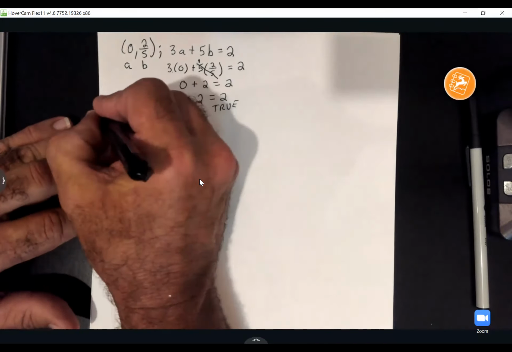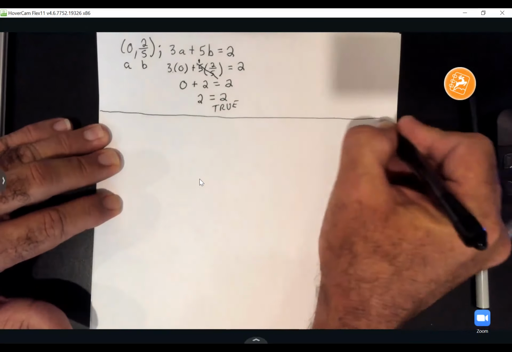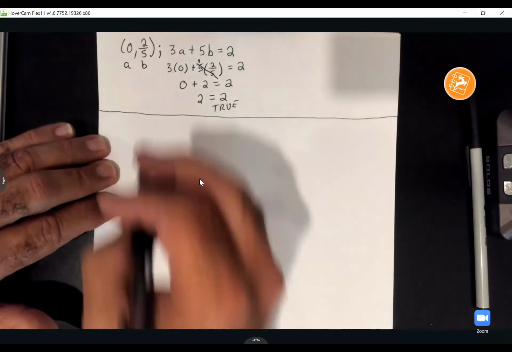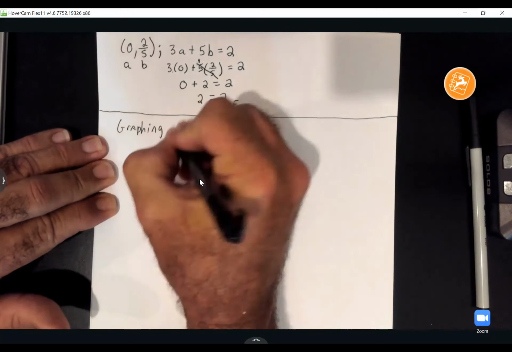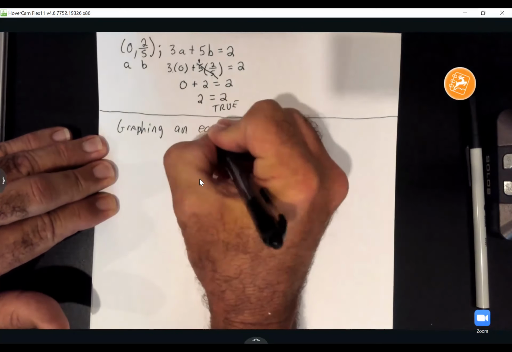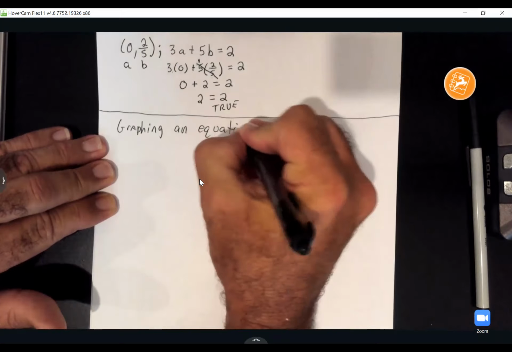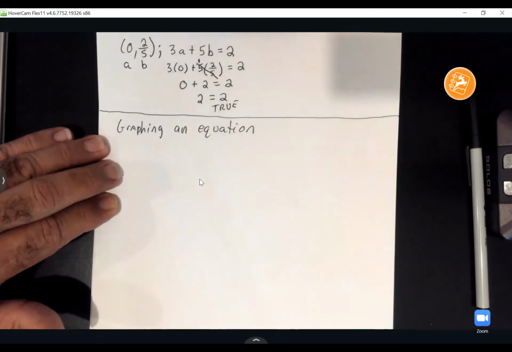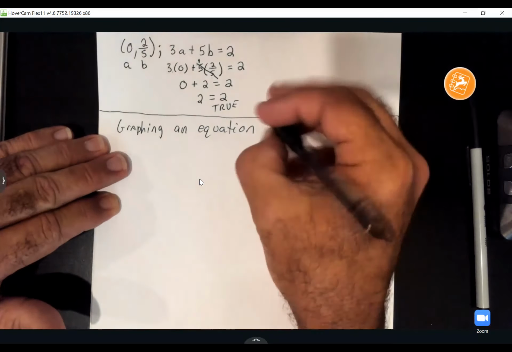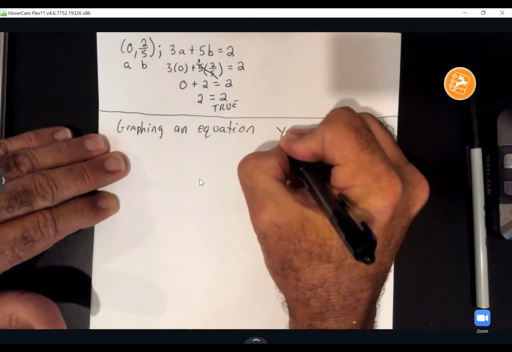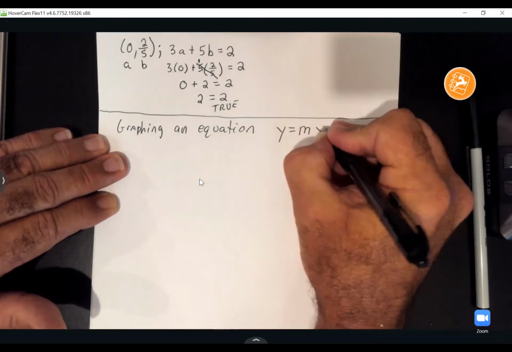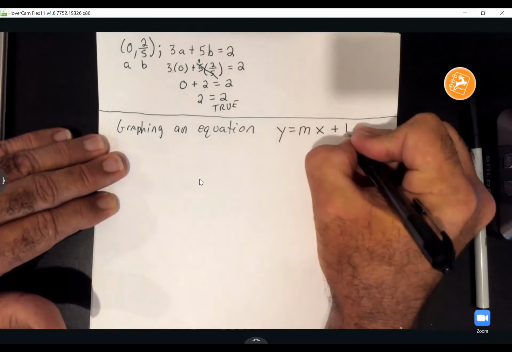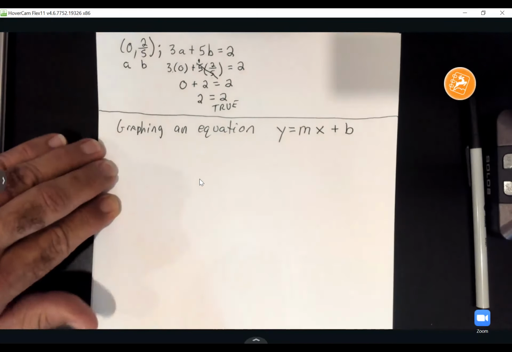Now we're actually going to learn how to graph an equation. Okay, so we're looking at things that look like this, and I'll explain what we got. y equals mx plus b.